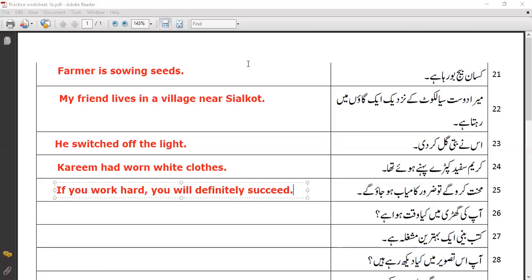Now just try to understand this sentence. Here what we have done is, in the first part of the sentence, that is supposed to be there because I told you it is a conditional sentence. Then the first part of the sentence is going to be simple present, and then the next part of the sentence is going to be simple future.